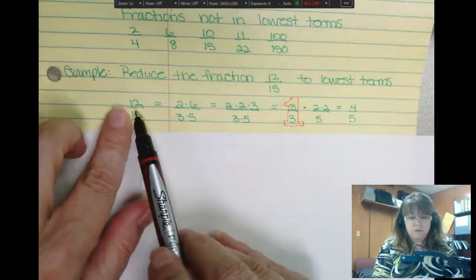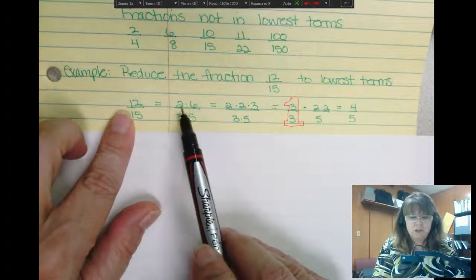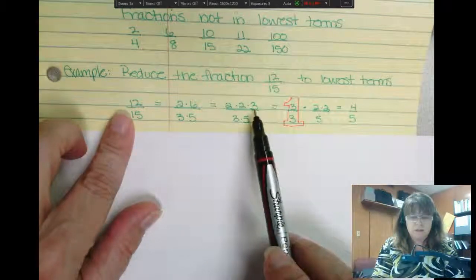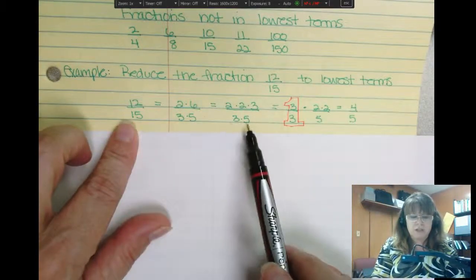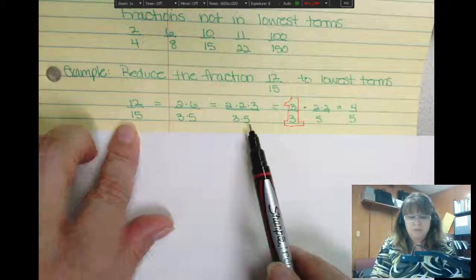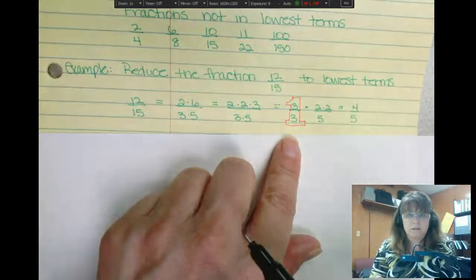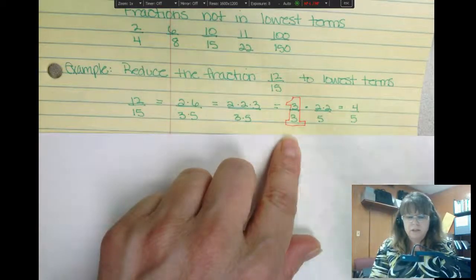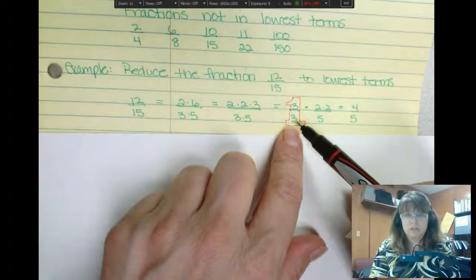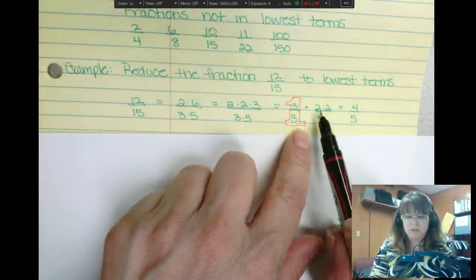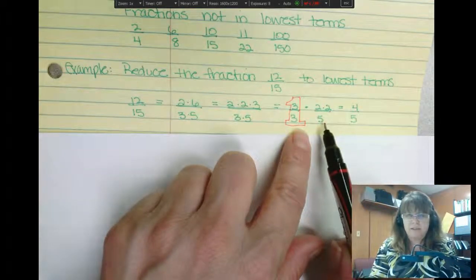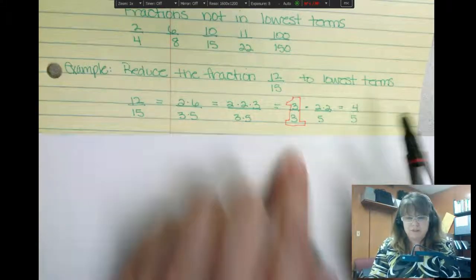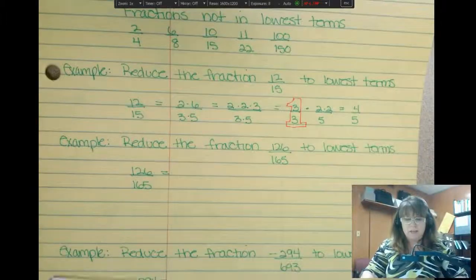For example, 12 breaks down into 2 times 6, and then 2 times 2 times 3. 15 breaks down into 3 times 5. But 3 over 3 is a 1. Remember that rule. Anything over itself is 1. So that can be reduced to 1. Now we're left with 2 times 2 on the top and 5 on the bottom, giving us 4/5.